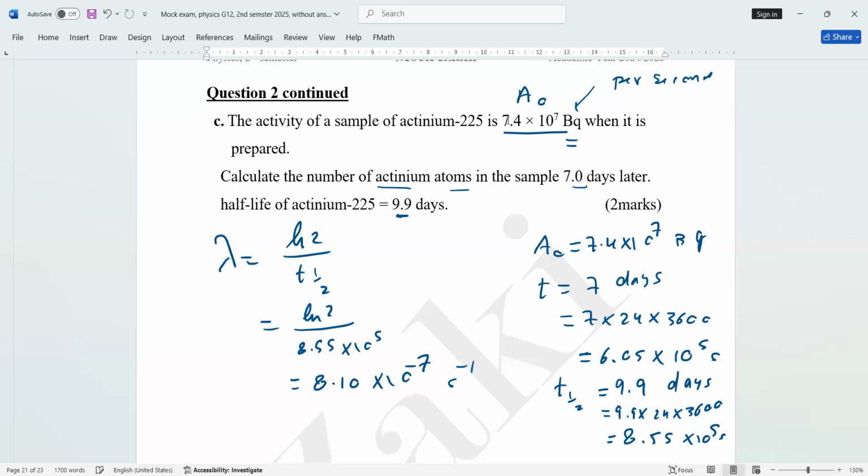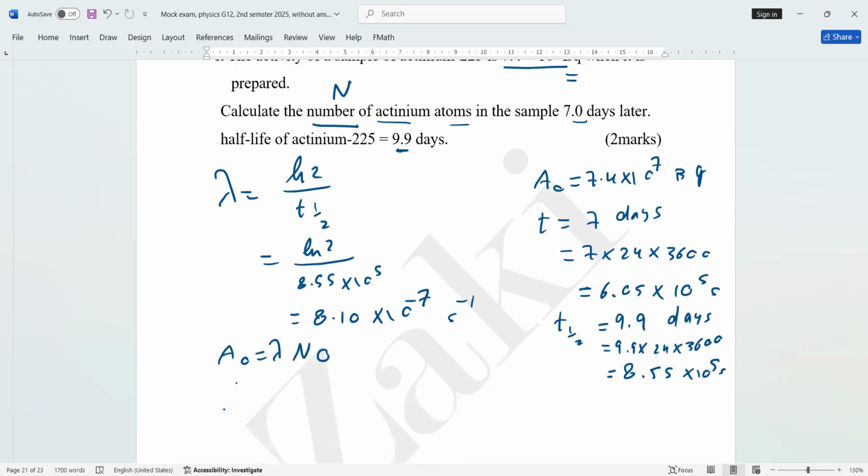Now we need N naught. He said calculate the number N. Now, what is N naught? We have a formula related to lambda. A naught equals lambda N naught. Then we can get N naught from this formula.